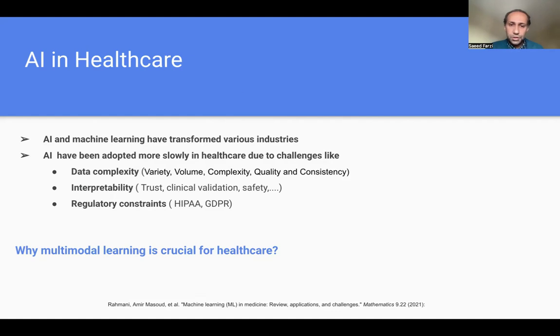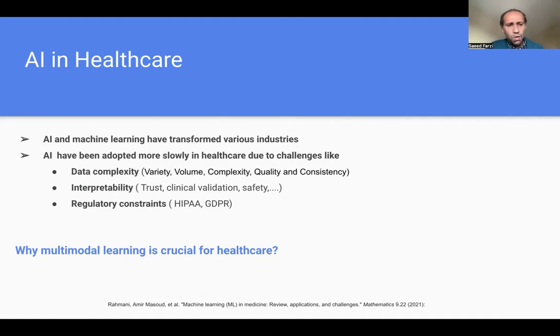For example, GDPR talks about how to use the data and how to protect the privacy and private information of patients. I'm not going to talk about regulatory constraints. In these slides, I'm going to focus on data complexity and multimodality.